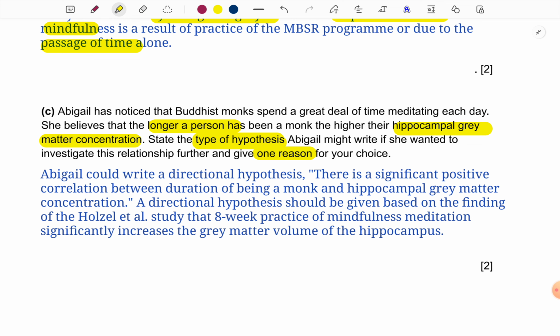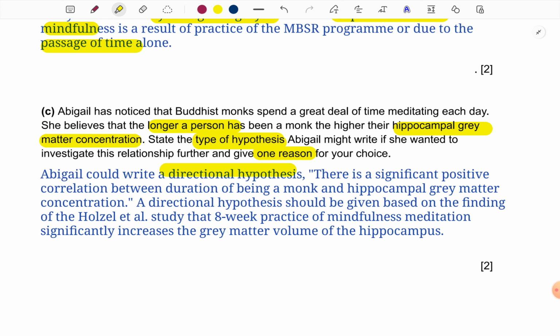So we have a definitive research conclusion to base a directional hypothesis on. Supposing the research finding was insignificant, or there were contradictions in research, like one study was telling us mindfulness does increase grey matter and the other one was telling us no, in that case we would have proposed a non-directional hypothesis, but right now giving a directional one is good.